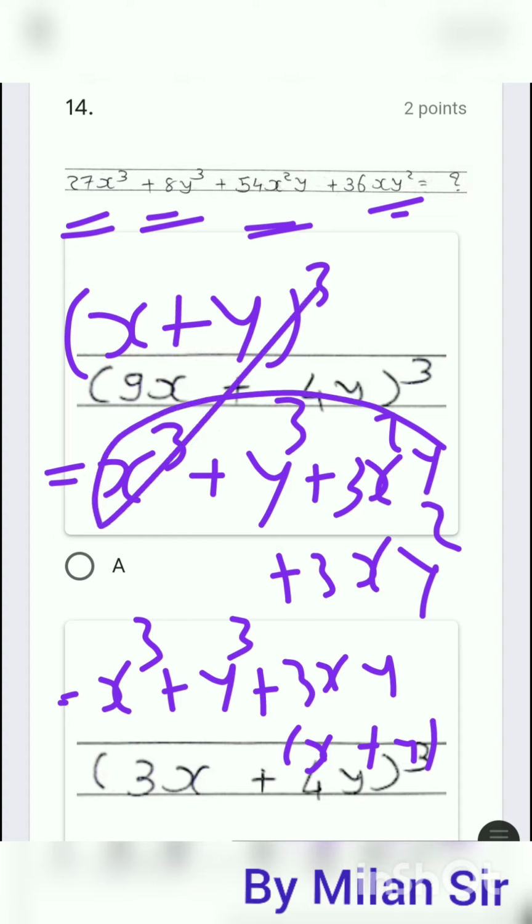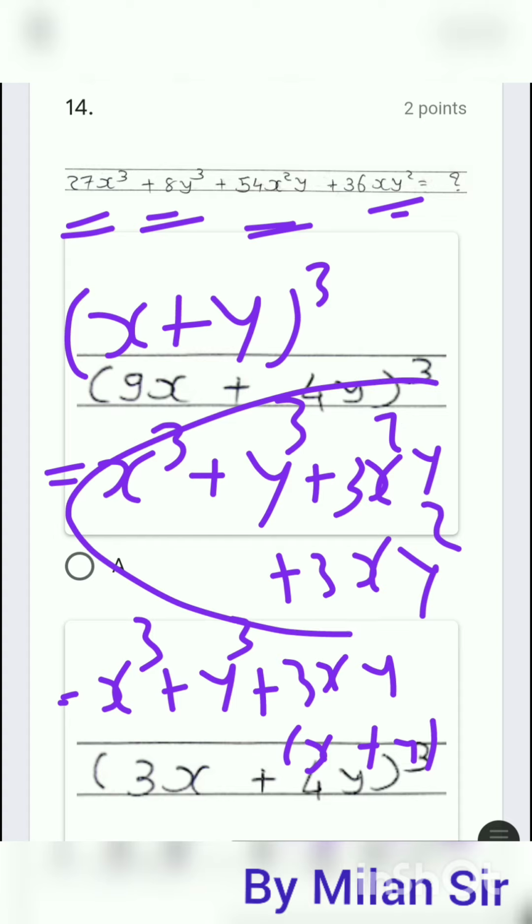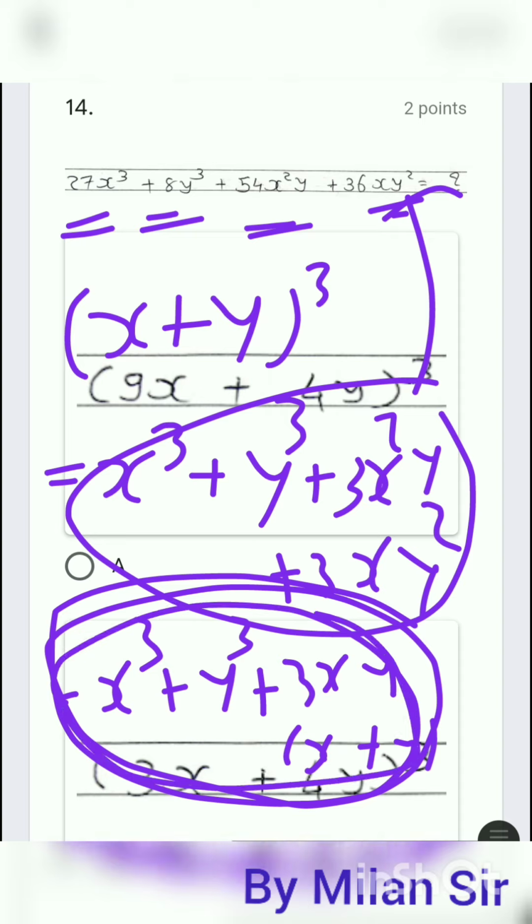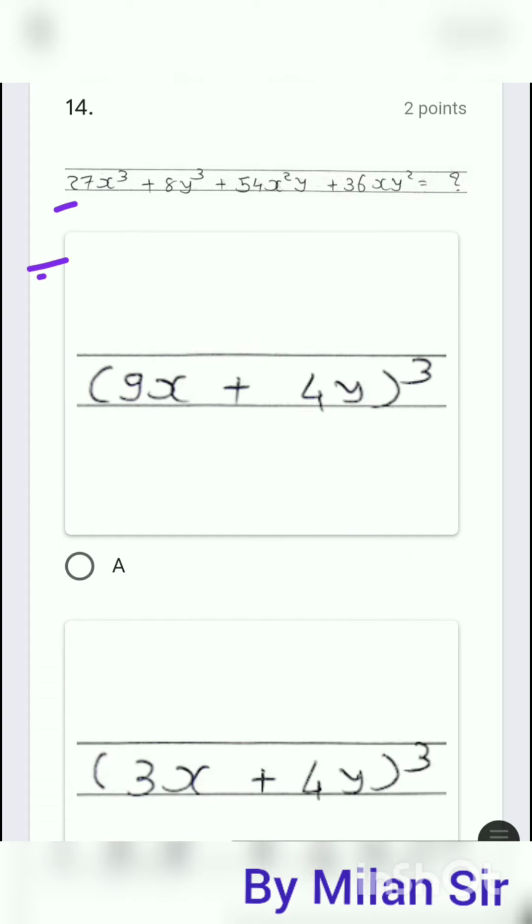So this form we have here, right? x cube, y cube, x square y and xy square. So we need to arrange this answer in this format. So here, in place of 27x cube we can write (3x) all cube.